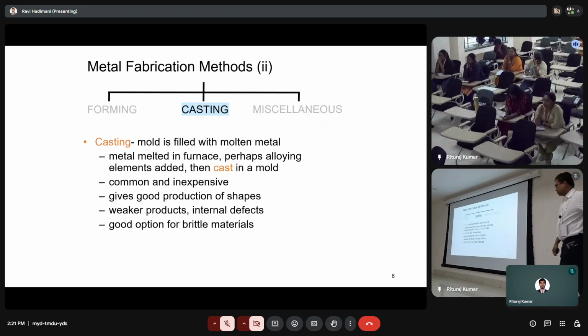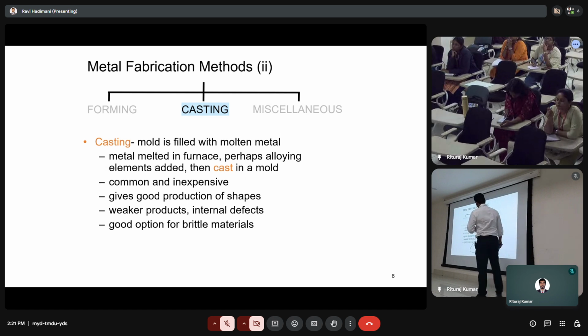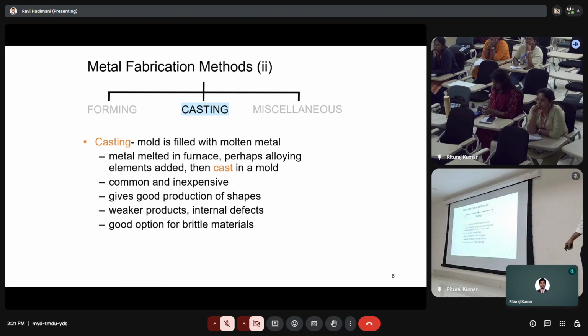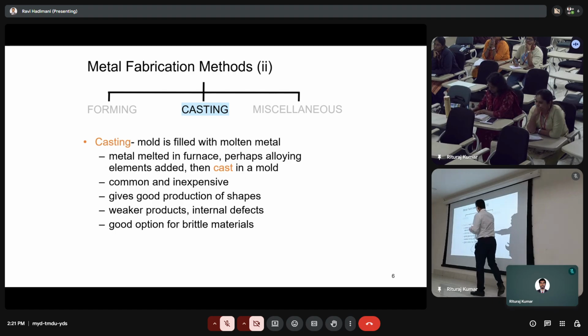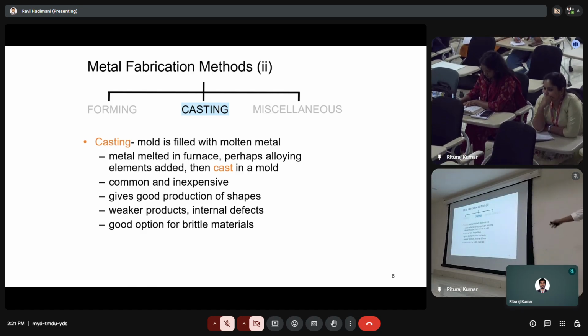Now let's go to another type of fabrication method, which is called casting. In casting, you basically have a mold and you fill that mold. These are inexpensive. You fill the mold and remove the mold, and you get a certain shape.